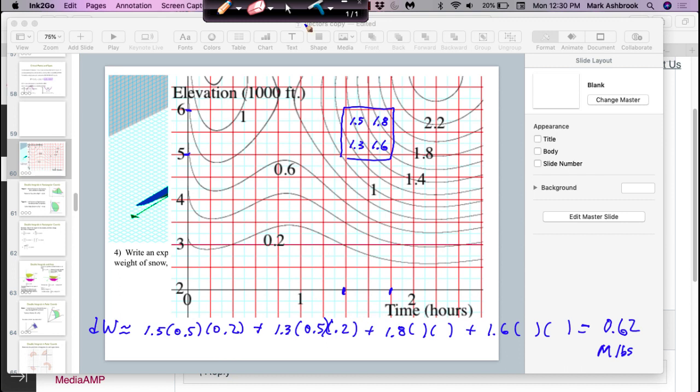Okay? So we could organize that as what? As summing across the rows. So this would be summing up this column and then summing up the second column, right?